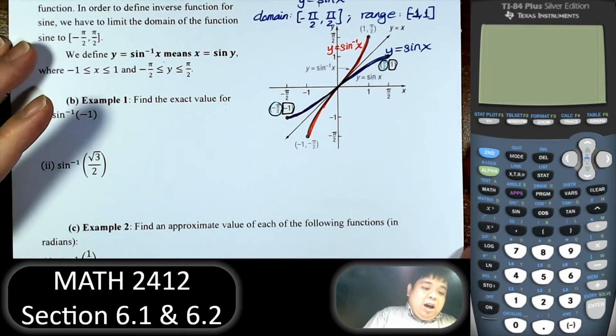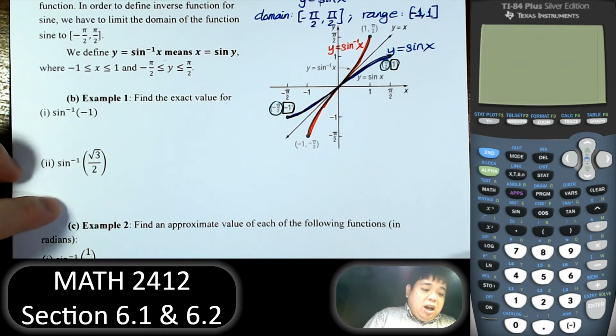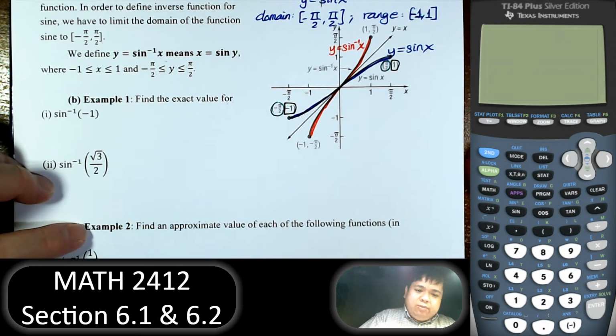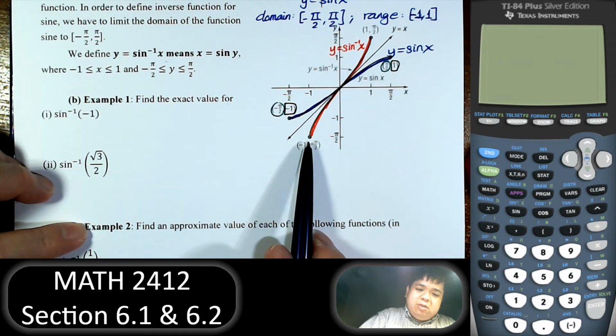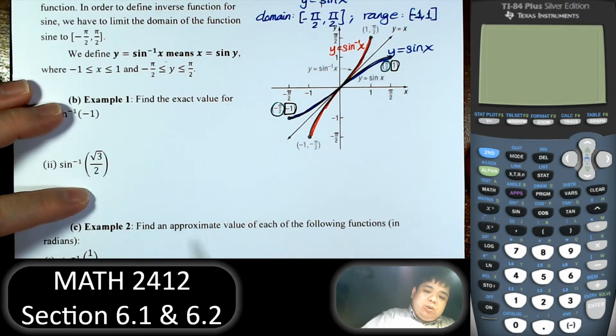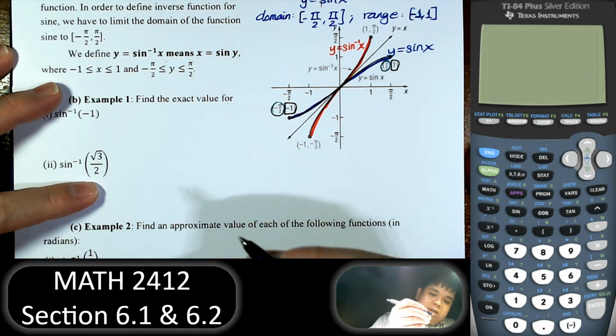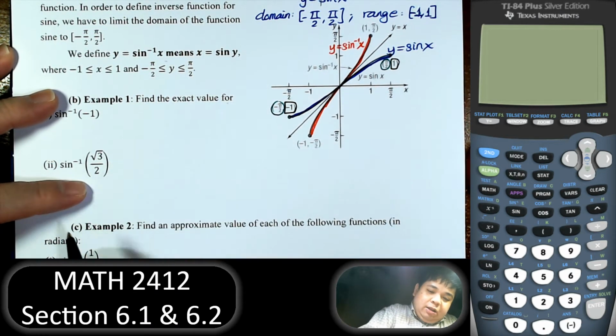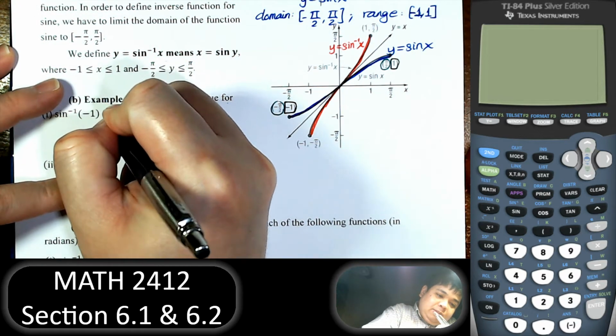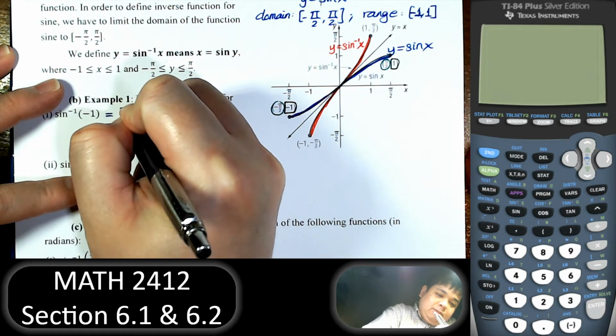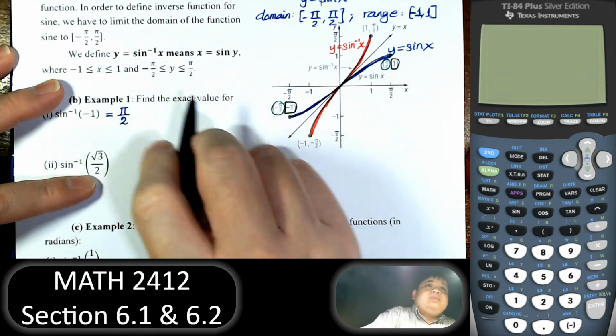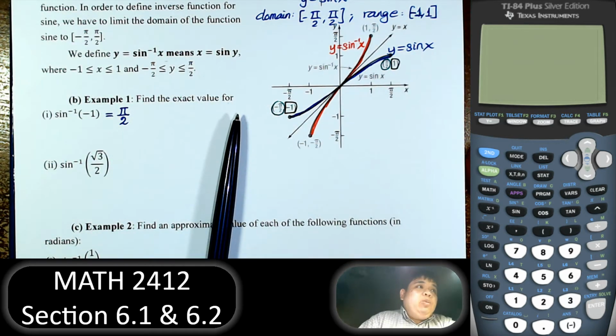Next, find the exact value of sine inverse of negative 1. Well, this is sine inverse of negative 1, that is negative pi over 2. By the way, if we are going to use inverse, I recommend that we keep the calculator in degree mode.